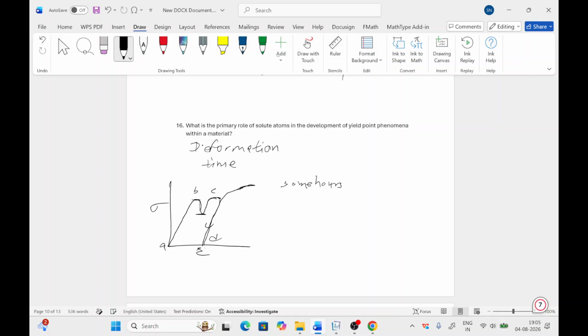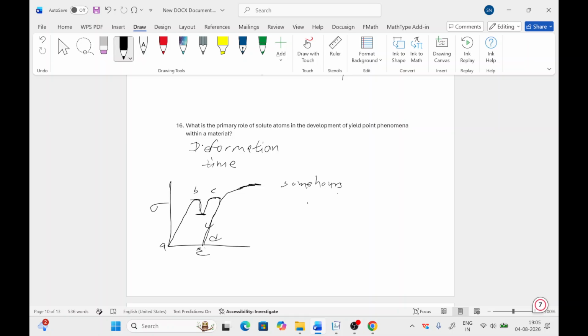So the yield point will not appear when we unload, rest it for some hours, and then again reload. So this yield point occurrence will not be observed with a rest of some hours.